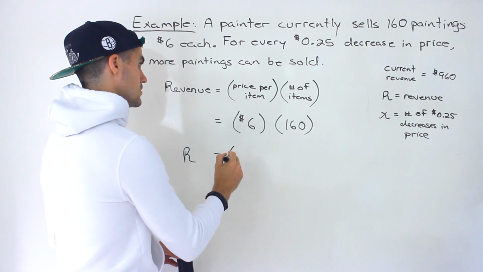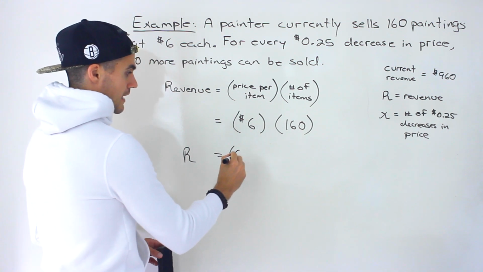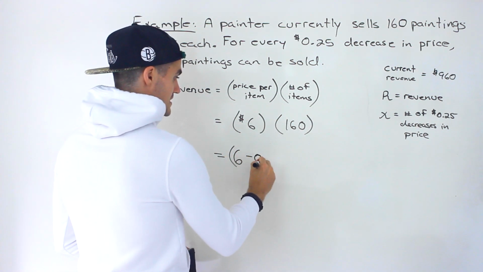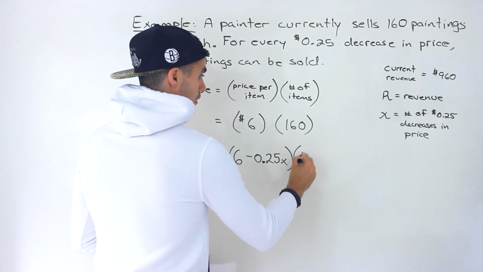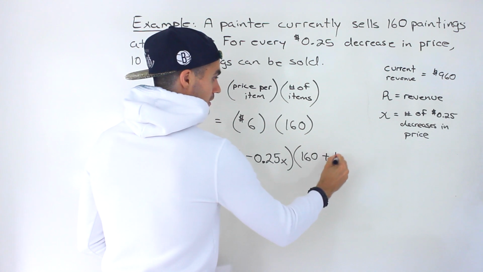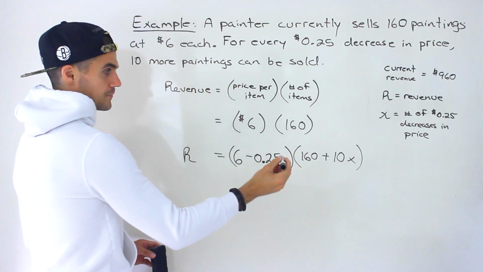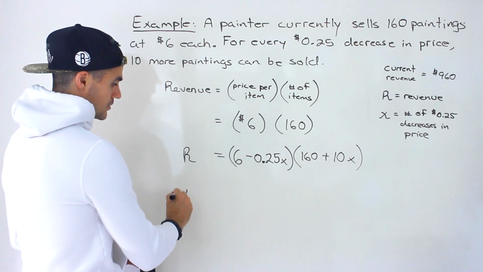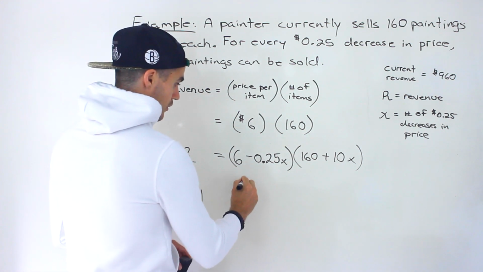Well, we can say, okay, we're starting at $6, and then for every 25-cent decrease in price, we're going to have 10 more paintings sold.